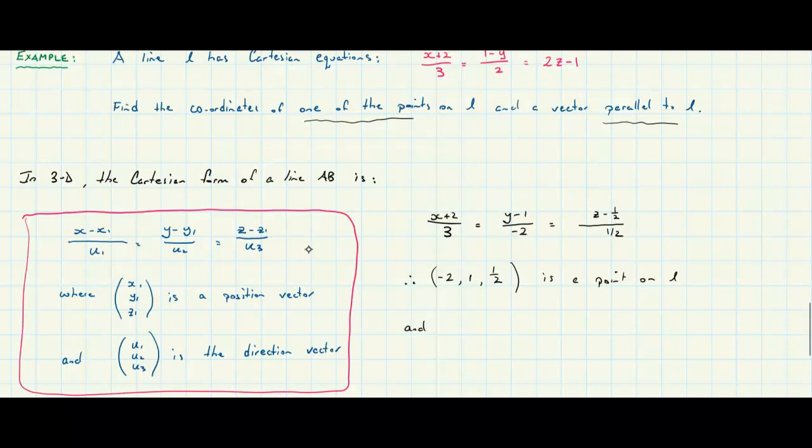From the denominators u1, u2, u3, and 3, -2, 1/2 is a vector parallel to L.